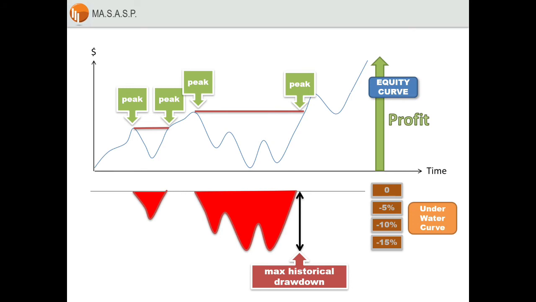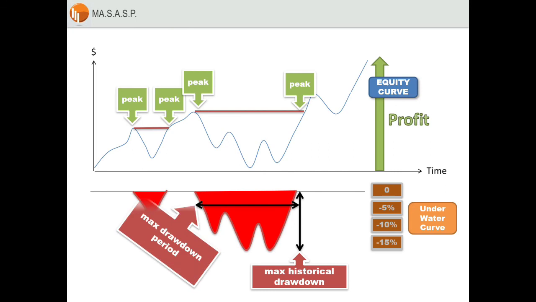Said risk metric is complemented by the maximum drawdown period. That measures how long it took to recover losses in the worst case.